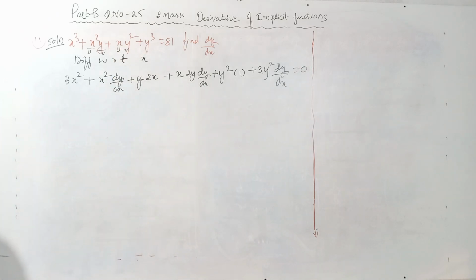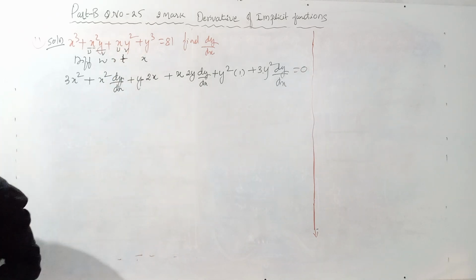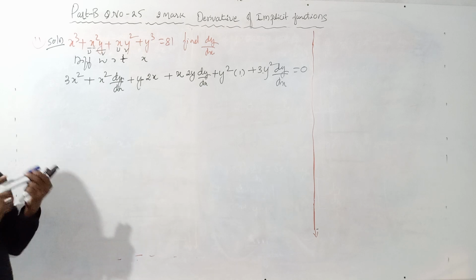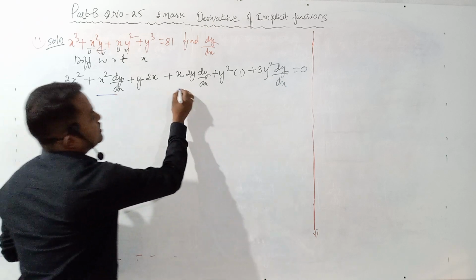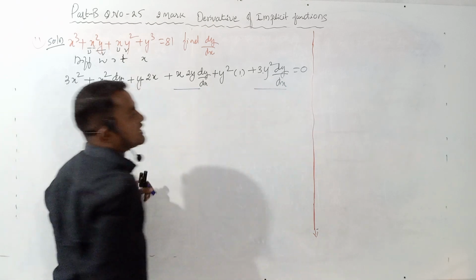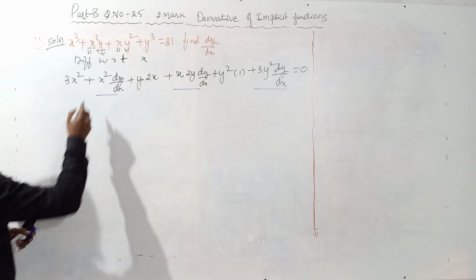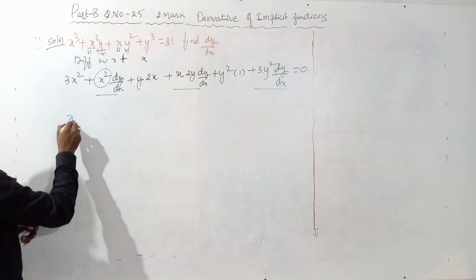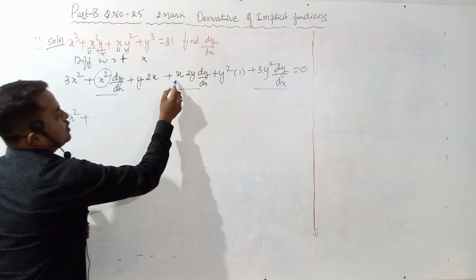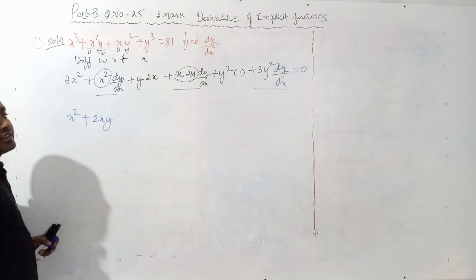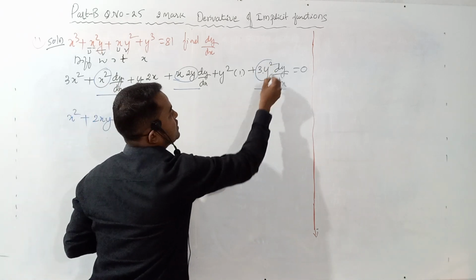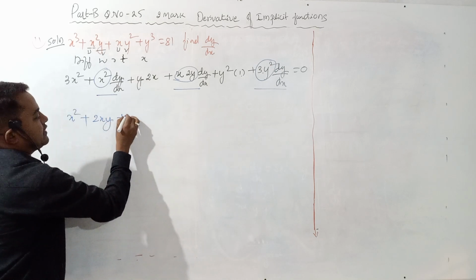Differentiation is over and only simplification is remaining. See here, dy by dx, 3 terms are there. Write their coefficient first, that is x square plus 2xy, plus 3y square.